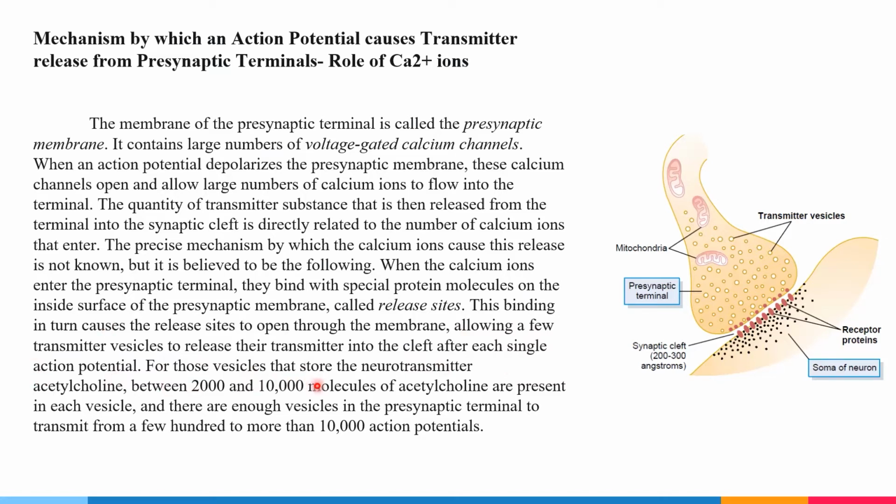For those vesicles that store the neurotransmitter acetylcholine, between 2000 to 10,000 molecules of acetylcholine are present in each vesicle, and there are enough vesicles in the presynaptic terminal to transmit from a few hundred to more than 10,000 action potentials.